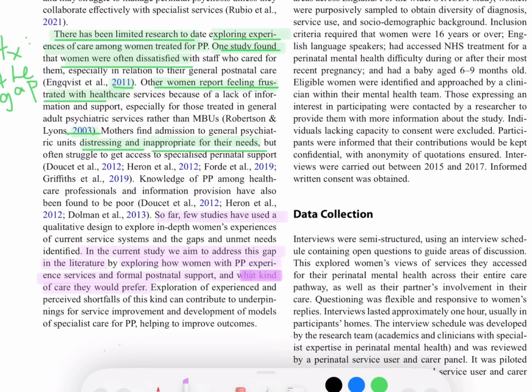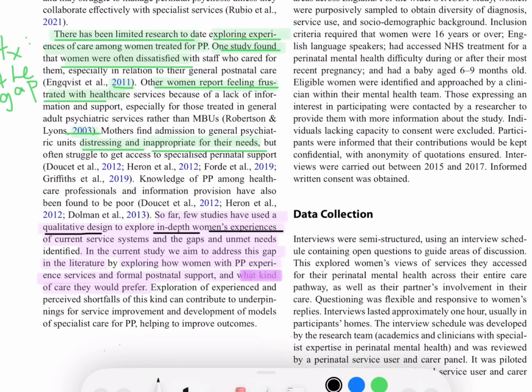Why? Because so far, few studies have used a qualitative design to explore in depth women's experiences. So this study, they want to do a qualitative, which means recording lots of descriptions. A qualitative, in depth.